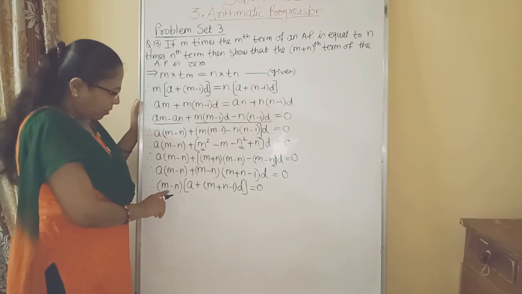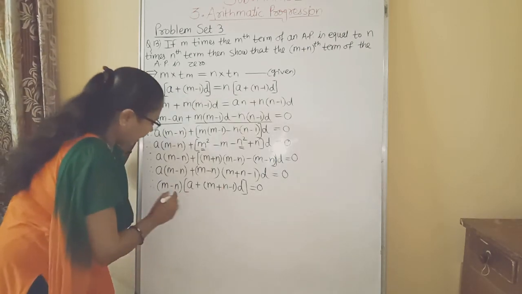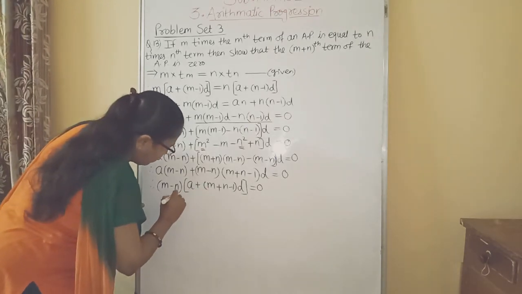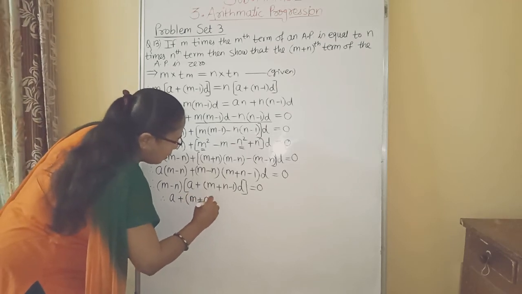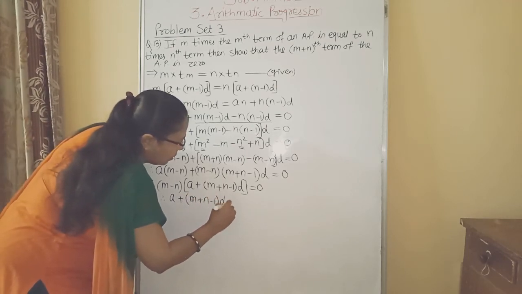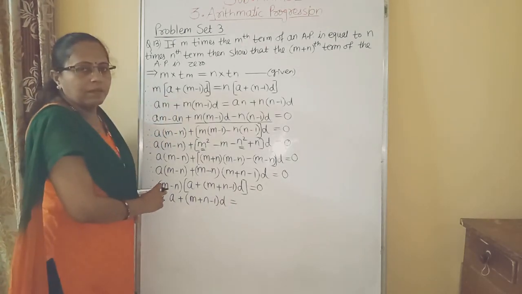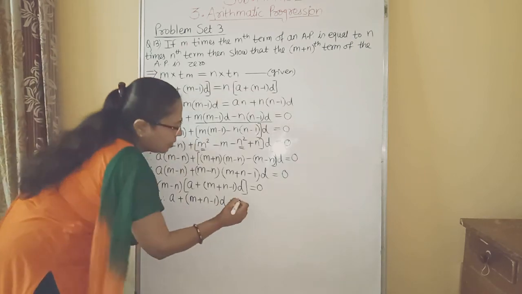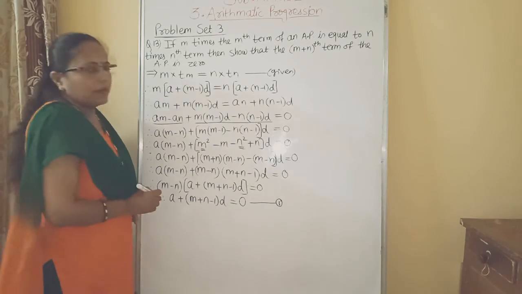Now if you divide by m minus n, here we will get a plus bracket m plus n minus 1 into d equal to 0 divided by m minus n. So 0 divided by any number gives answer 0, and we give this statement number 1.